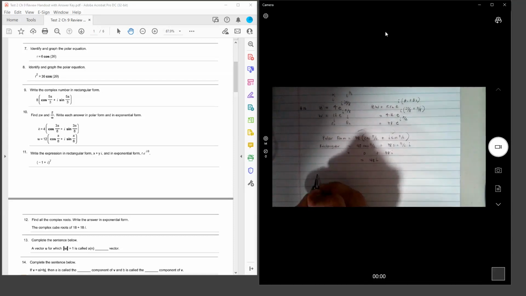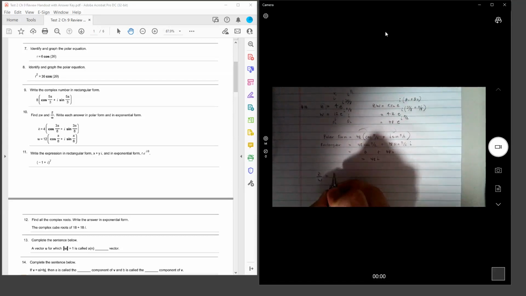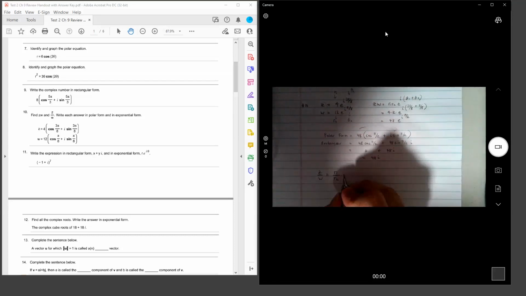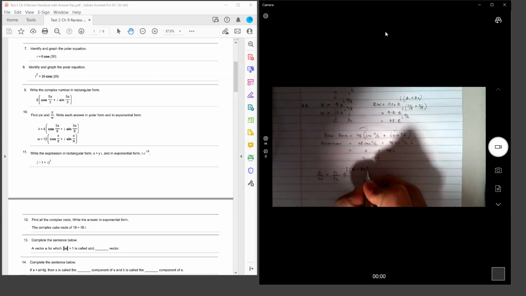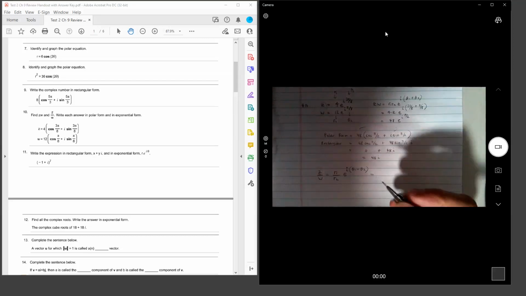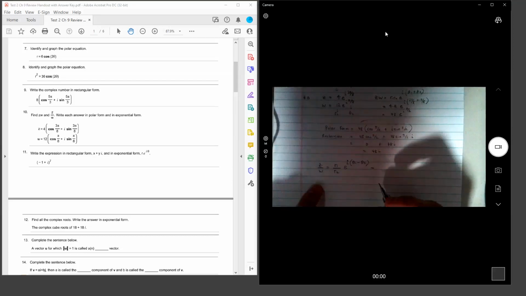So let's see. The formula there is, in this case, the magnitude of the first complex number divided by the magnitude of the second complex number times e raised to the power of i, theta 1 minus theta 2. Pretty easy formula.